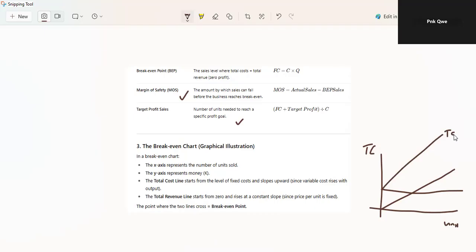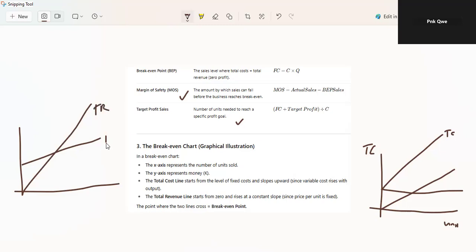The total revenue line starts from zero and rises at a constant rate. The break-even point is the point at which our total revenue is equal to our total cost. So where they meet here is the break-even point.